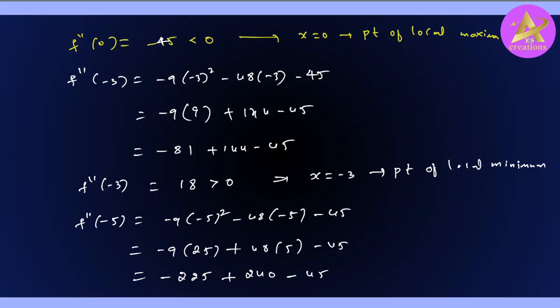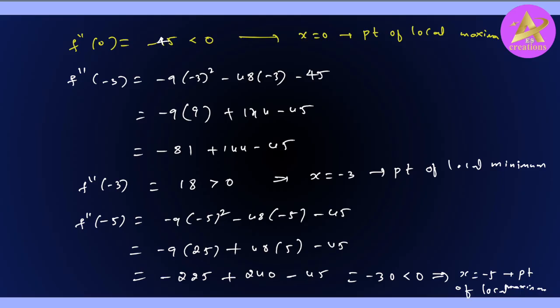Simplifying, we get minus 30, which is less than 0. That implies x equal to minus 5 is a point of local maxima.